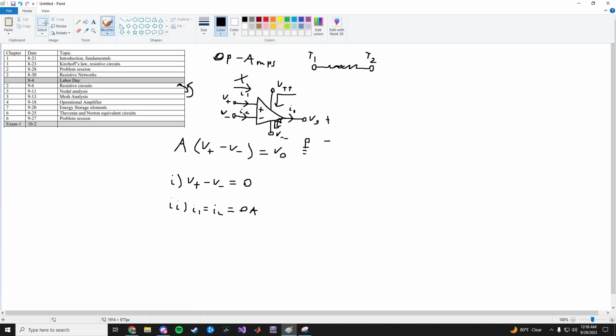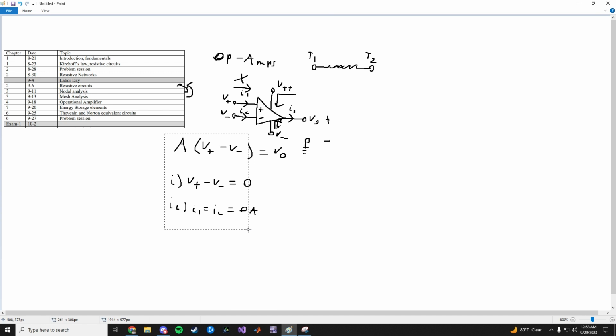So let's show an example that has these golden rules in action. I'll just draw a circuit before I name it.